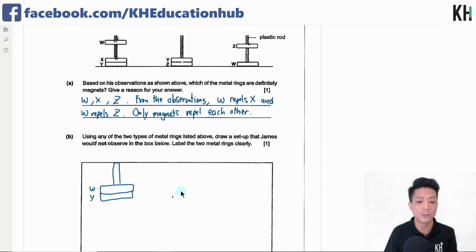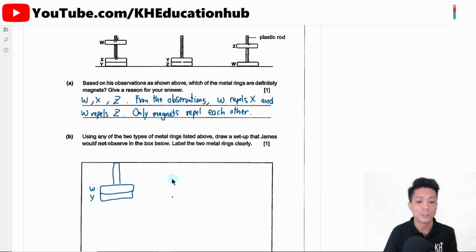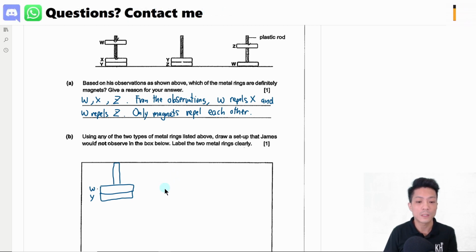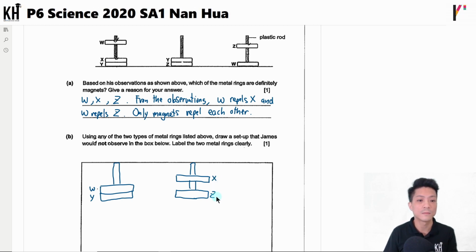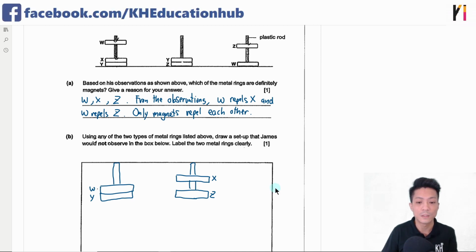You can also draw other interactions, like we also don't see the interaction between X and Z. X and Z are both magnets, so you can draw something like this, repelling each other. It can be X and Z. Could be right, yeah, okay.